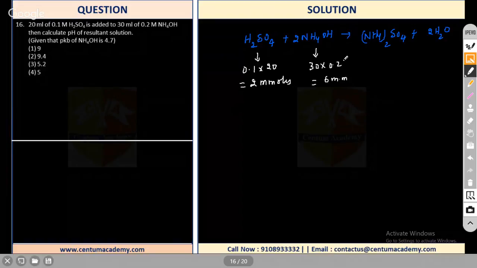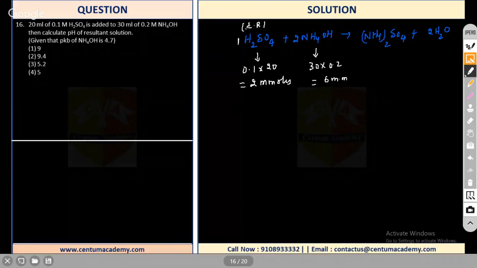Now in this reaction, since the ratio is 1 is to 2, 1 combines with 2, so 2 combines with 4. If you apply the concept of limiting reagent, the acid is the limiting reagent, because it will get consumed completely in this reaction.